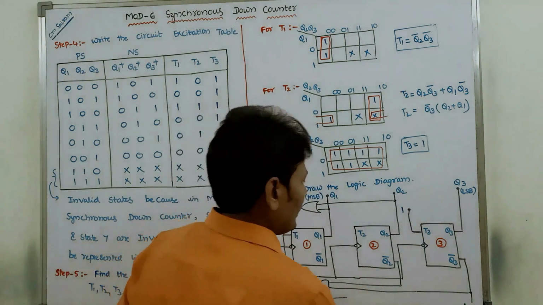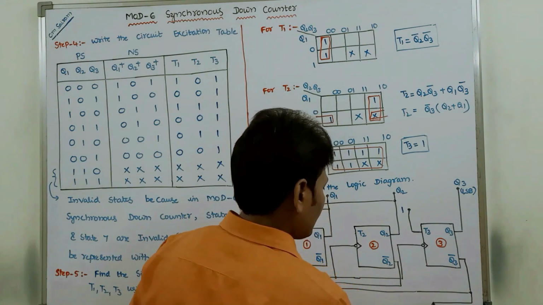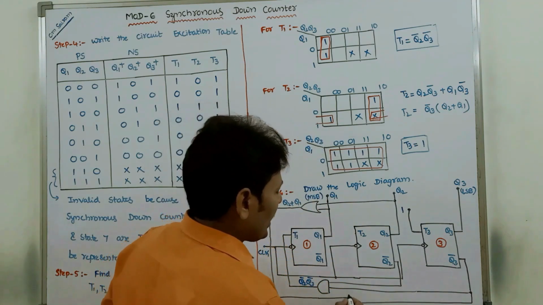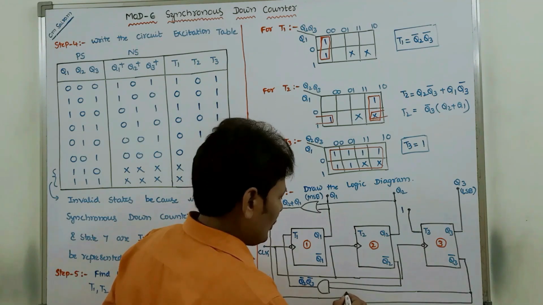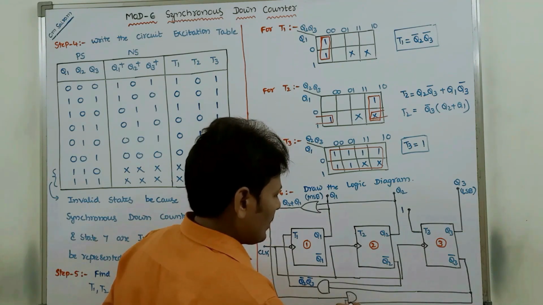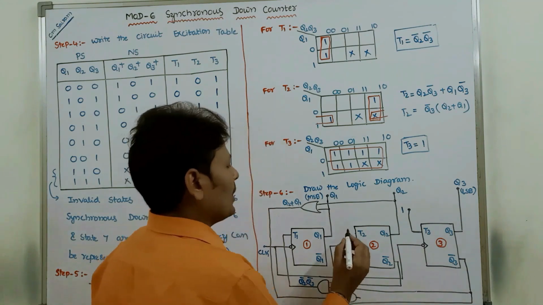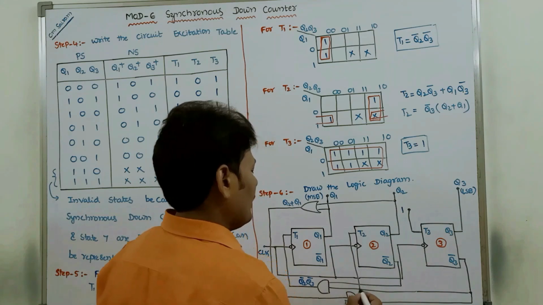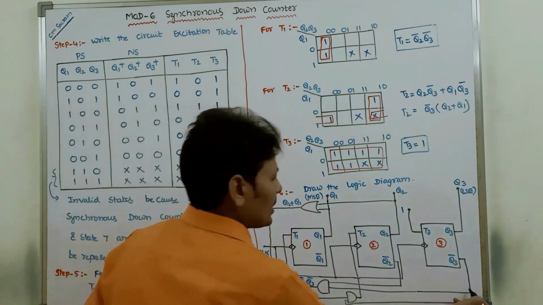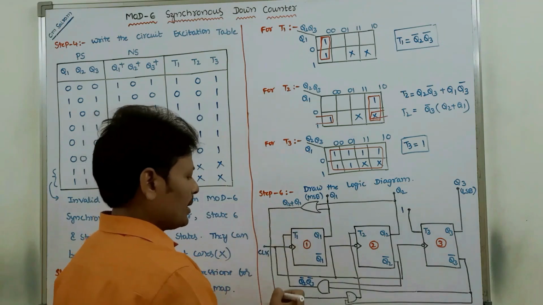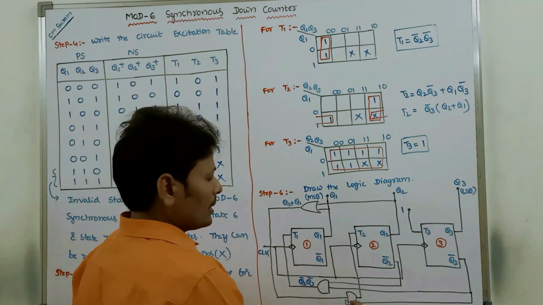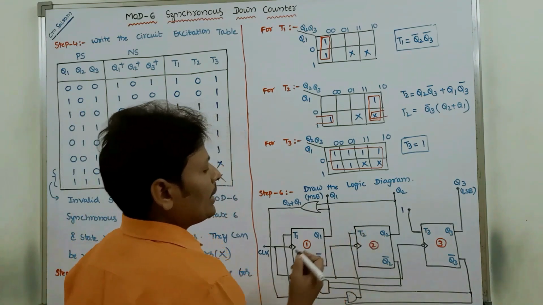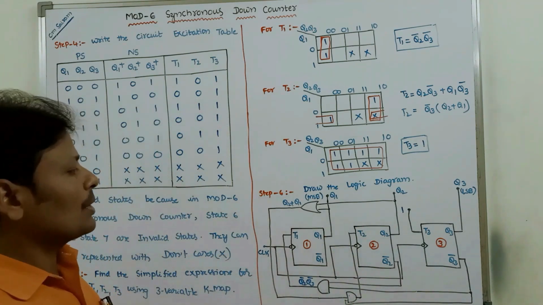Here this is Q3 bar. These two can be passed to a two input AND gate. Whatever the output we are getting, that output can be passed to T2. So this is Q3 bar and this is Q2 plus Q1, that can be passed to a two input AND gate. Whatever the output we are getting, that output can be passed to T2.